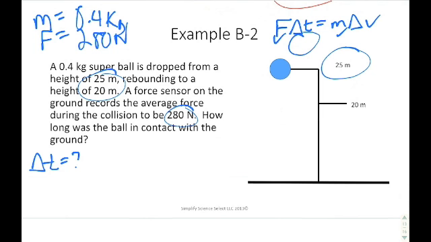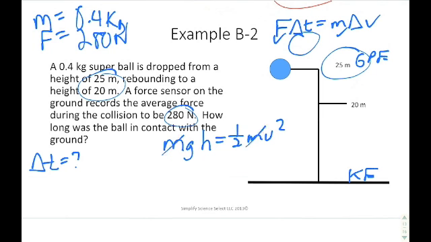So whenever you do this, you can go ahead and solve. I can say, okay, this thing right here has gravitational potential energy, and when it hits the ground, it has kinetic energy. So I can say mgh equals 1/2 mv squared. The mass of it cancels out for now, and we would say 9.8 times 25 is equal to 1/2 v squared.